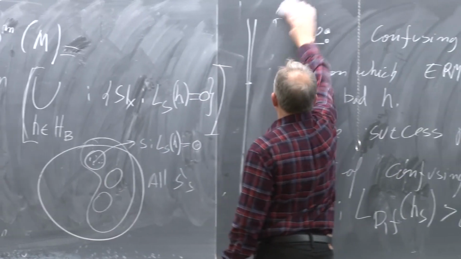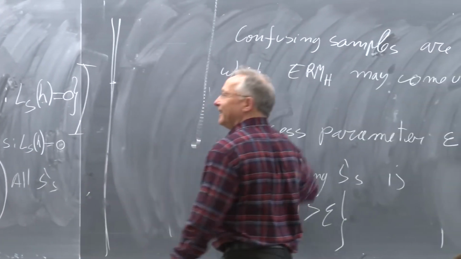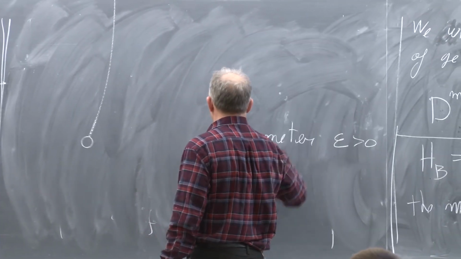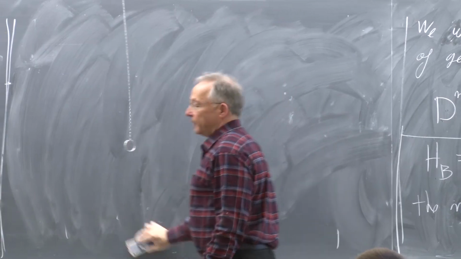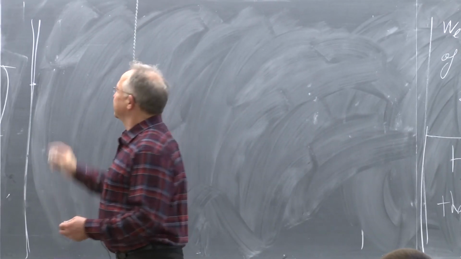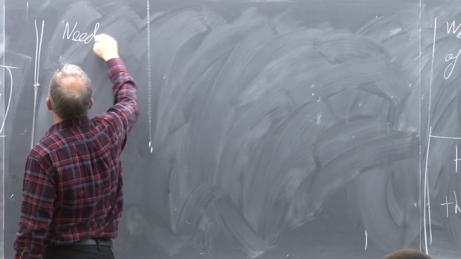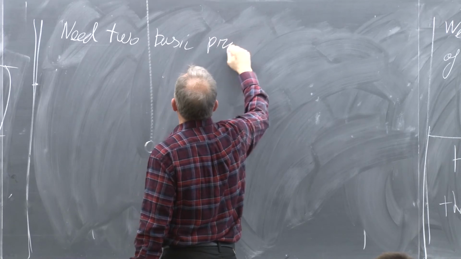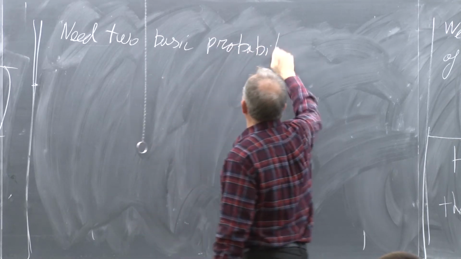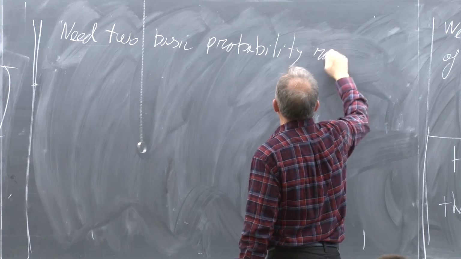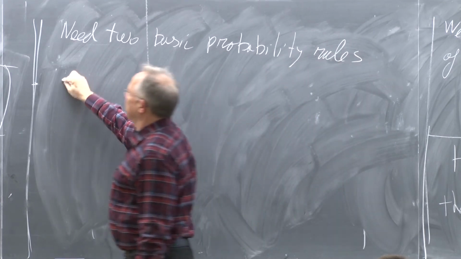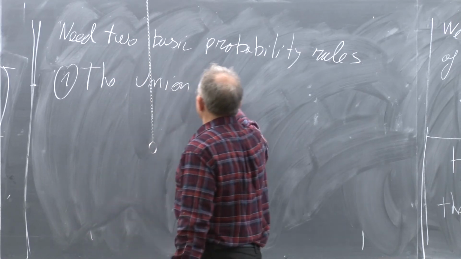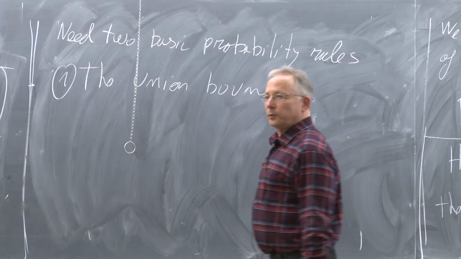Now we just need another two very basic tools from probability theory. We need two basic probability rules. One is called the union bound. What is the union bound?